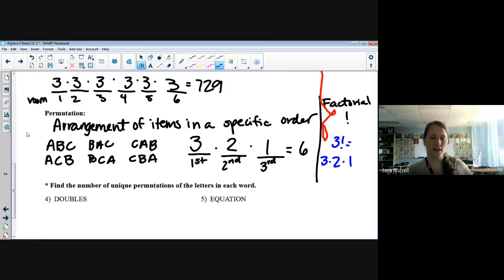So for A, B, C, if we were arranging that, we did 3 factorial because there were 3 letters and we're filling in all the spaces. So 3 times 2 times 1. So if I wanted to see how we would do doubles, when it says unique permutations, that means mixing the letters up. How many different ways can we mix up the letters in doubles? Well, how many different letters are there in the word doubles?